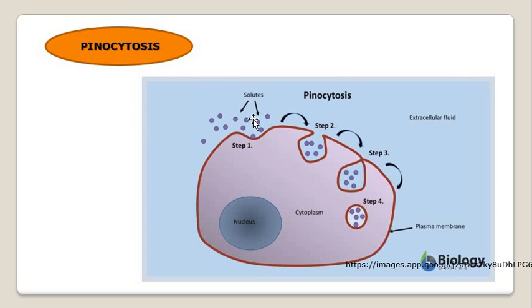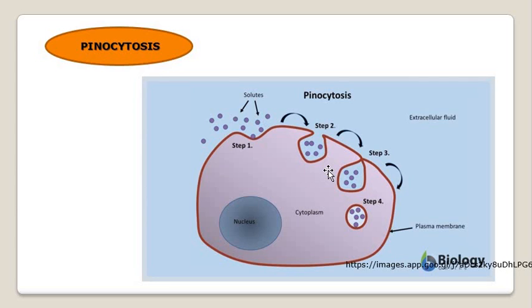Intake of a solid molecule or the fluid material inside the cell through the formation of a pinosome or a pinocytic vesicle is called pinocytosis. And this procedure was described by the scientist Lewis in 1931. You can imagine, dear students, in 1931 this was discovered by the scientist whose name is Lewis.